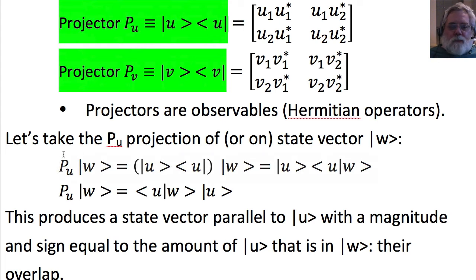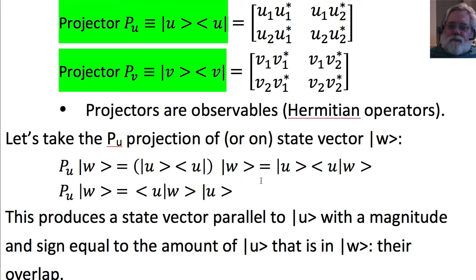So projector p sub u operating on ket w. P sub u is an operator, we could put it to the left of a ket, and that operates on the ket. So p sub u is ket u bra u, and that's going to operate on ket w.